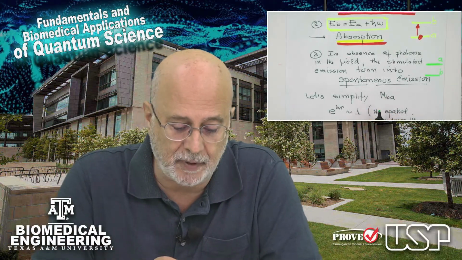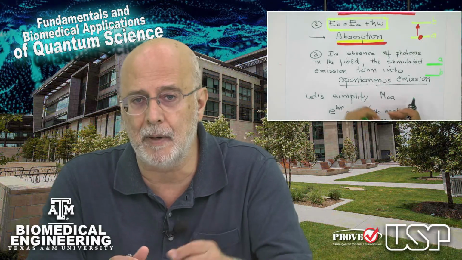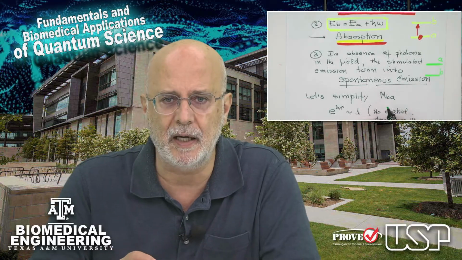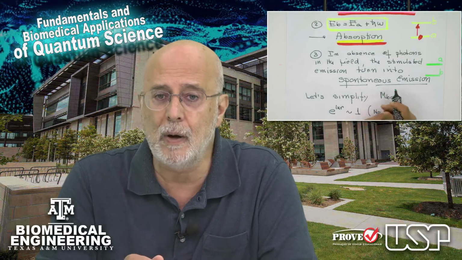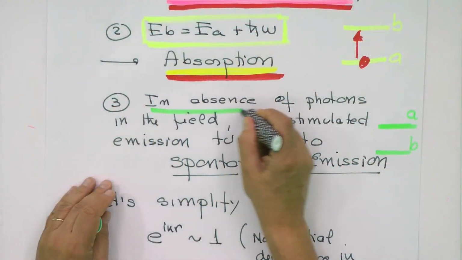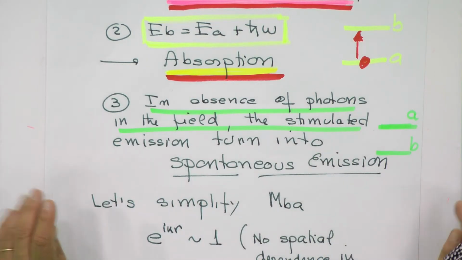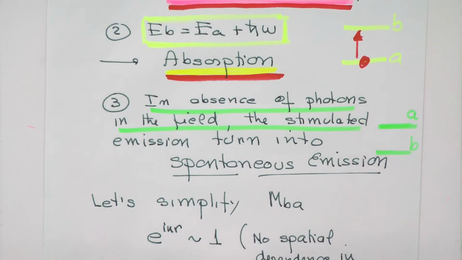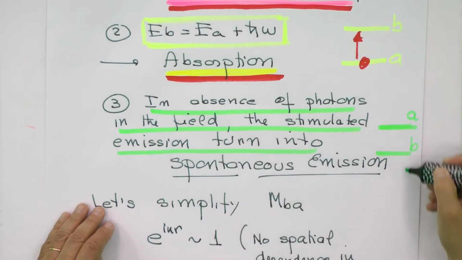This is something very important that made many people famous, like Feynman, Schwinger, Dyson. Many people investigated these fluctuations, which give origin to what they call quantum electrodynamics, which means that even in the absence of photons in the field, with no apparent energy in there, it's possible for this state to emit a photon to the vacuum and come to a lower state.